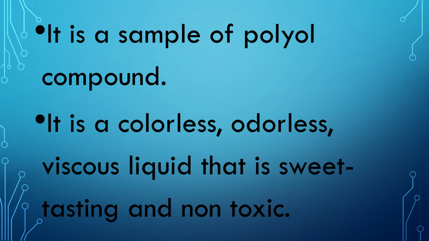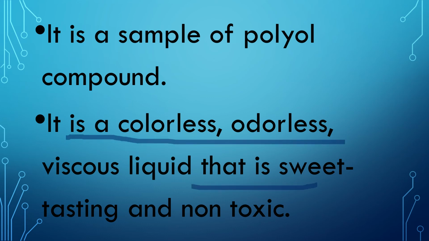Lagi siyang ini-request kung kayo ay merong research, si glycerol ay isa sa mga hinihinging chemicals sa school. So it is a polyol compound, it is colorless, odorless, sweet tasting and non-toxic. Okay, this is the glycerol.